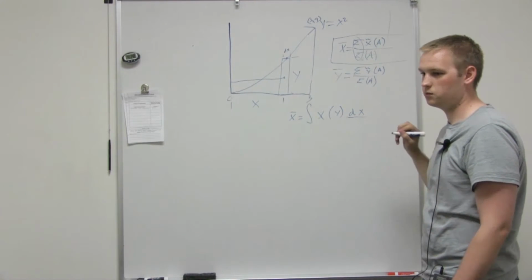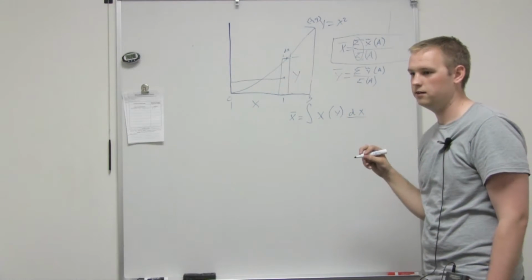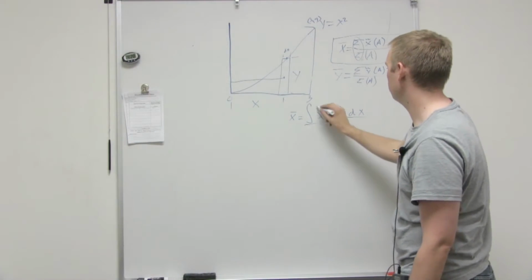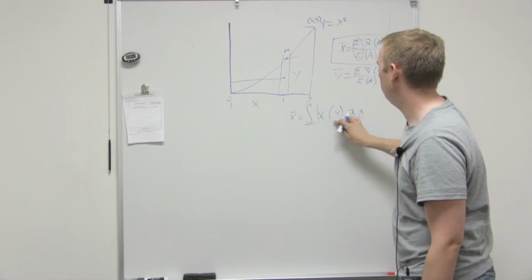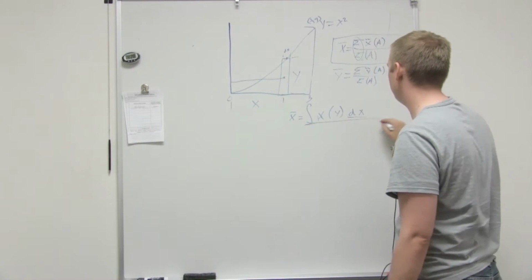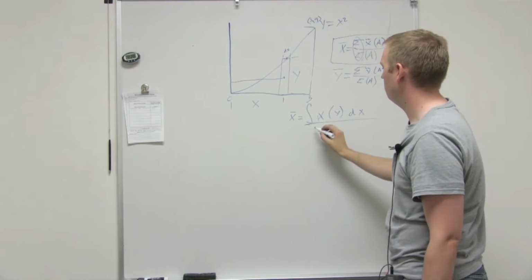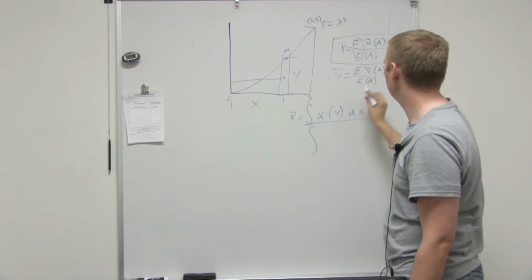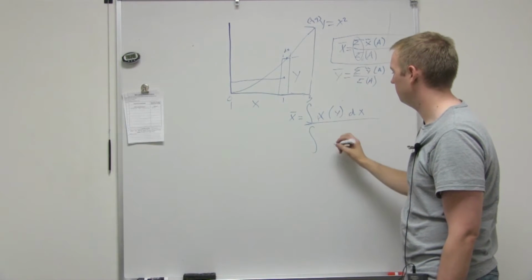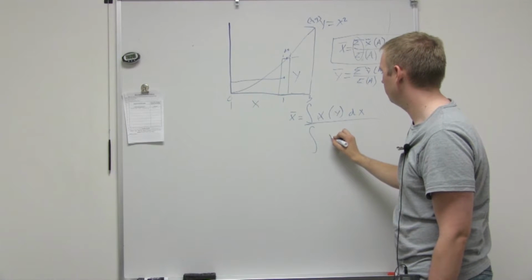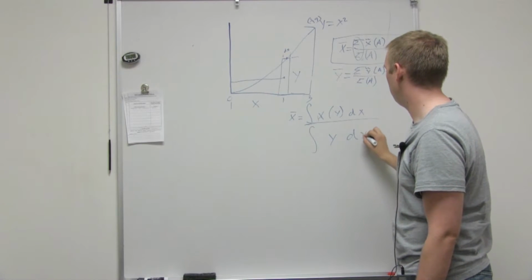This dx is what actually lets us integrate, so we pretty much ignore these two things and work with what's in here. Then we divide that by the integral of the area again, y times dx.